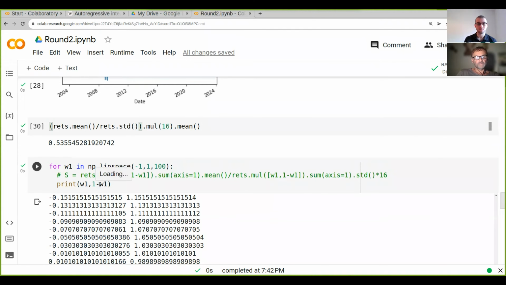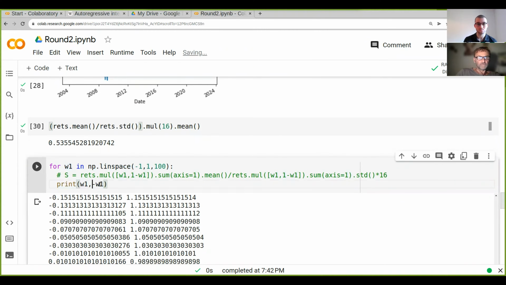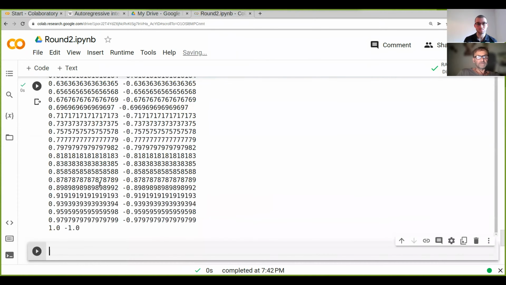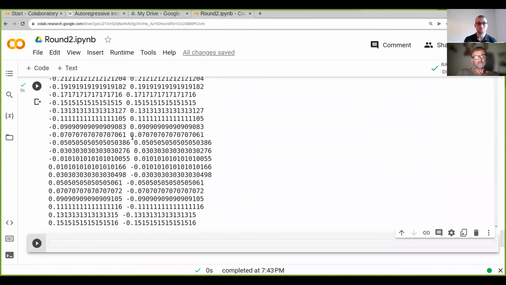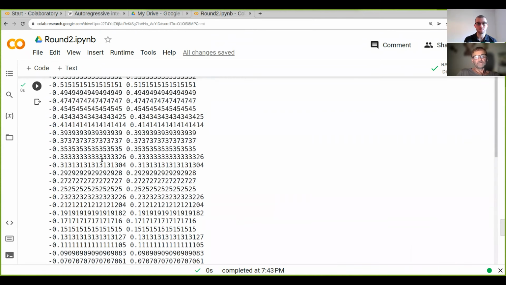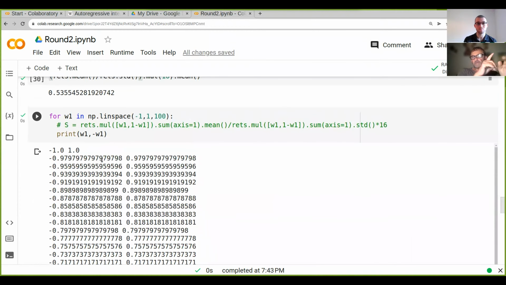So what we probably need to do is just do the opposite. Okay, so now we have basically the opposite values.